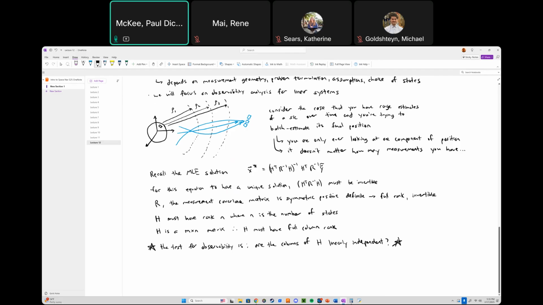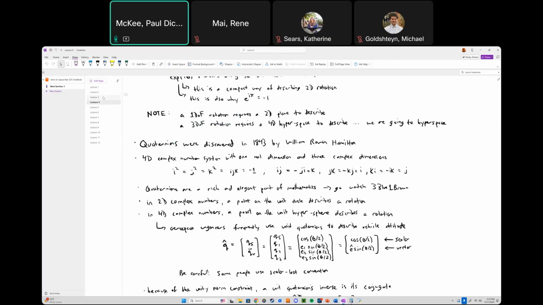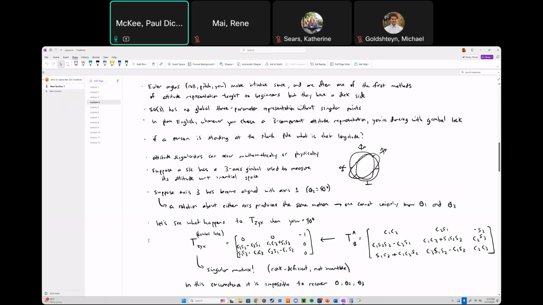Now, this might sound a little bit familiar. If we go all the way back to our singularities and gimbal lock in lecture 4, we talked about how when you're using Euler angles, or really just in general, you can find yourself in this nasty situation where your attitude transformation matrix becomes singular, right? You've lost information. You have something that is not invertible anymore.